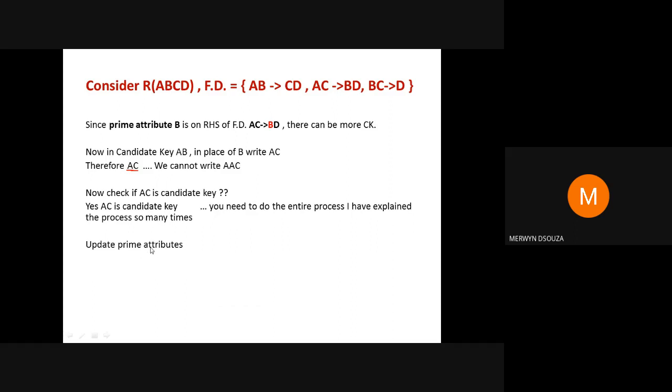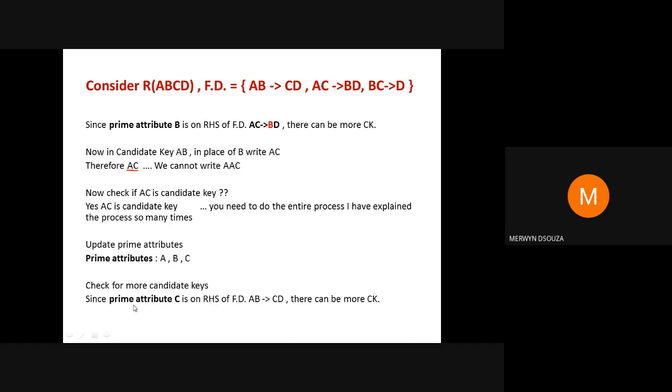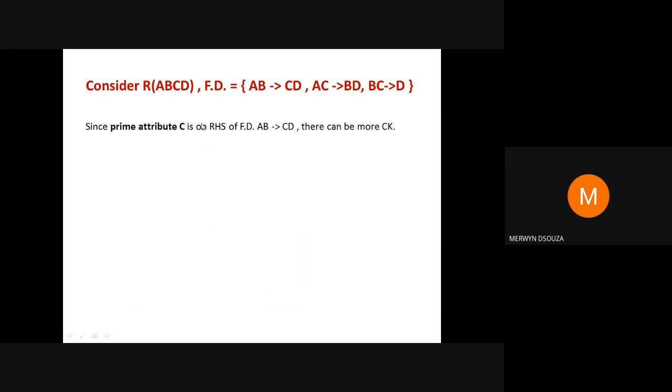So update the prime attributes. Now the prime attributes will be A, B, and C, and check if there are more candidate keys. You will see that prime attribute C is present in AB determines CD. So there can be more candidate keys. Again continue this process.